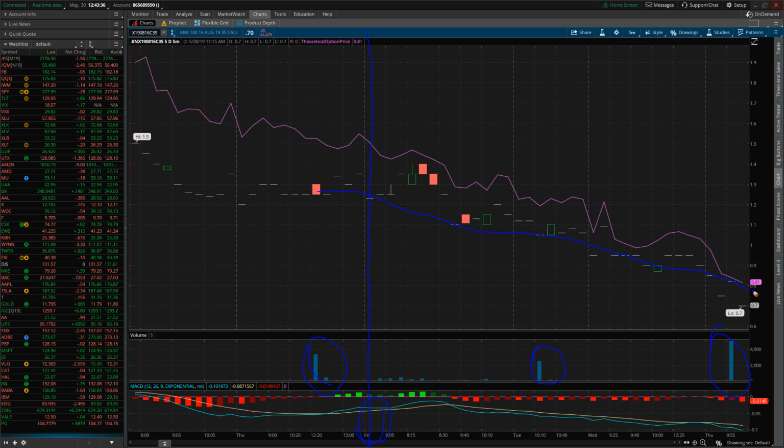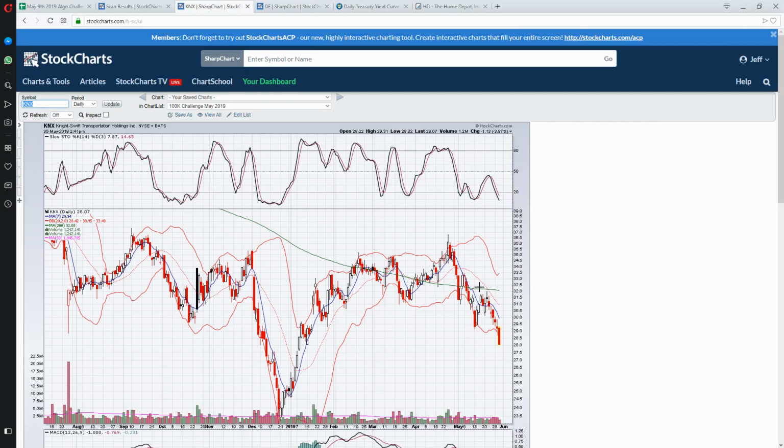Buy insurance, right? The shorts then go out and short stock and then buy calls to protect it. This is one of those situations where that's what it looks like they're doing. It looks as if they're going out and shorting Knight Transportation aggressively, but buying calls to protect that short position, in case something happens there.